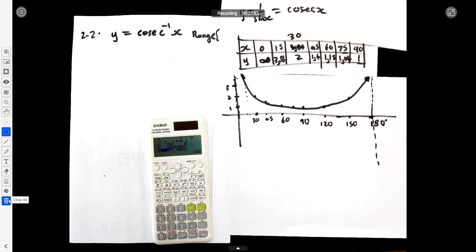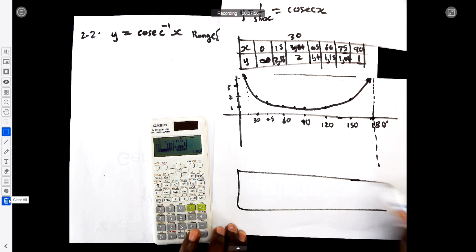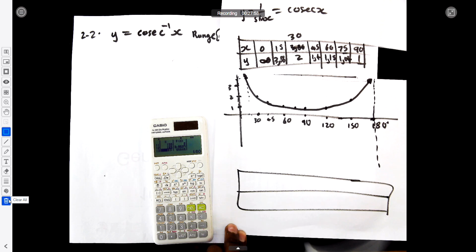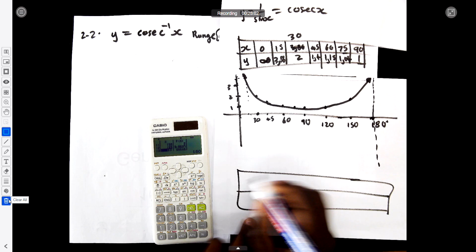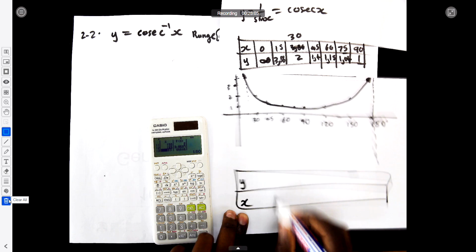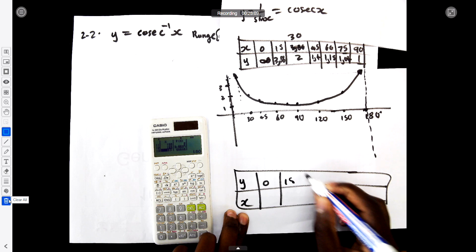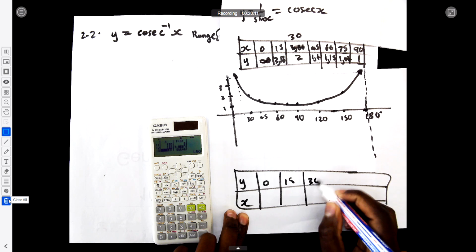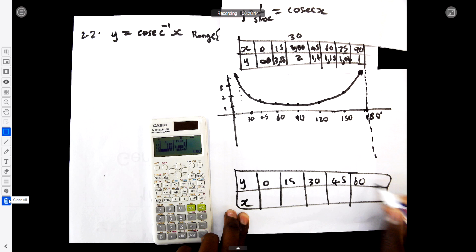So when you plot, just do the table quickly. When you have utilized your calculator, do the table quickly and say, the values that I said were x values are going to be y values. You just change them and say y. The other ones are x. So I have this is 0, this is 15, 30, 45, and 60, and so on.